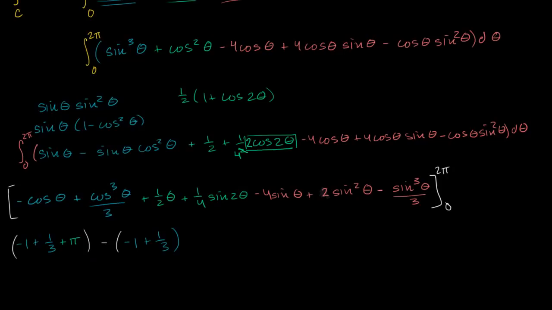And so if you simplify it, this is going to be equal to -1 plus 1/3 plus pi, and then we have plus 1 minus 1/3. Well, that cancels with that cancels with that, and we deserve a drum roll now. It all simplified, just like when we used Stokes' theorem in the last videos. Actually, I think it was a little bit simpler to just directly evaluate the line integral over here. We got it simplifying to just pi.